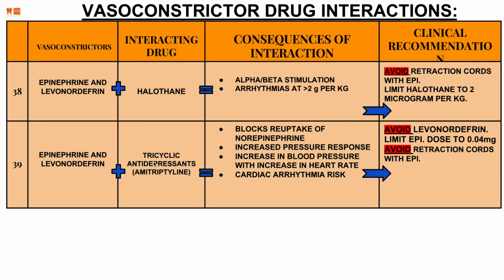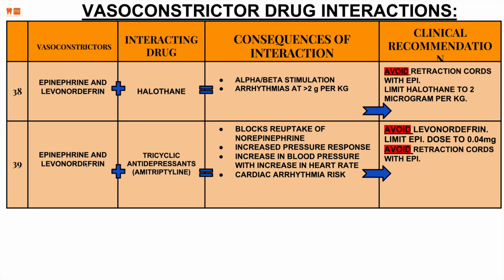Epinephrine, levonorepinephrine with tricyclic antidepressants, TCAs. Now, TCAs are great because they're antidepressants by blocking the reuptake of norepinephrine. So it increases the norepinephrine in the synaptic cleft, leading to increased pressure response, increase in blood pressure, with increase in heart rate and cardiac arrhythmia at risk.